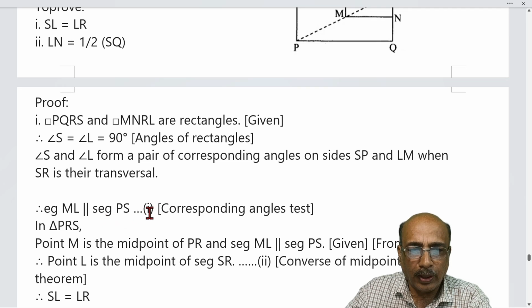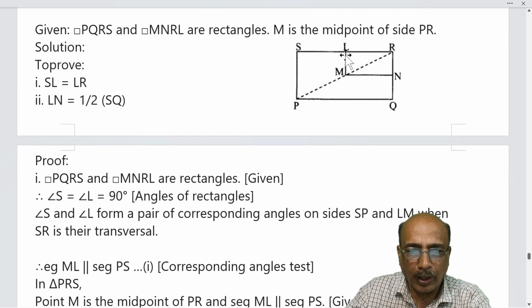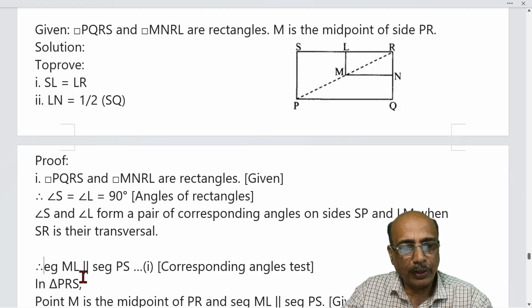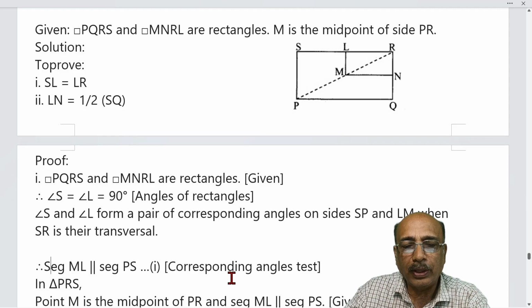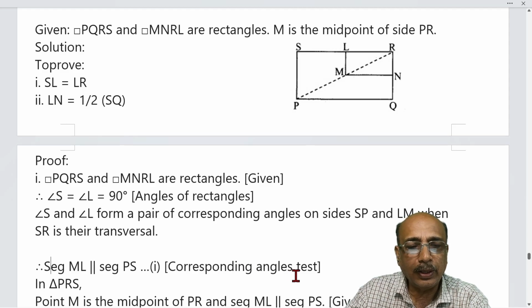Therefore, ML is parallel to PS, by the corresponding angle test.